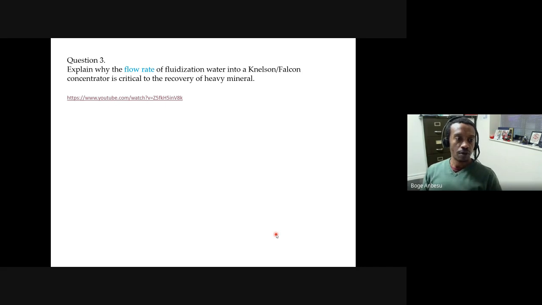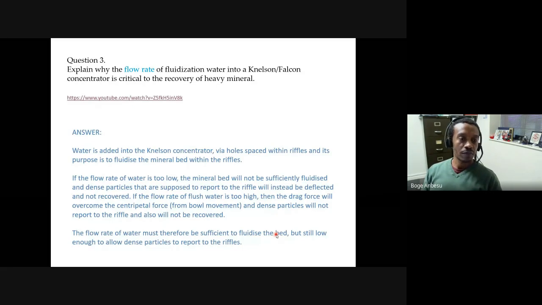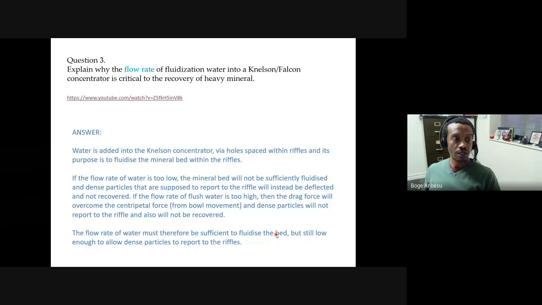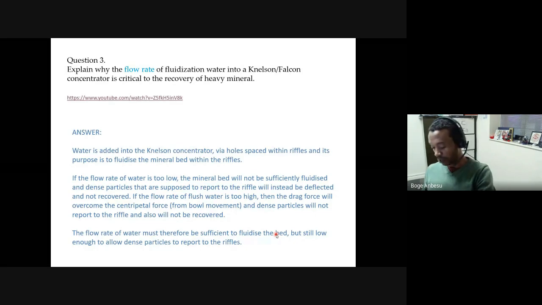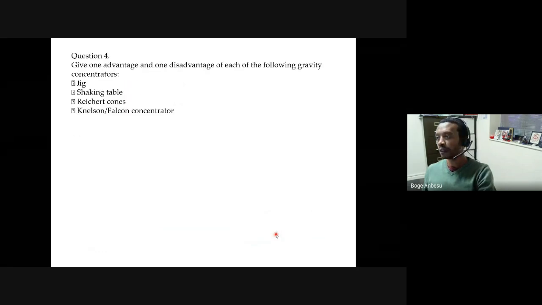If you apply only a small flow rate for the fluidized water, you are actually allowing more of the light particles in, and that prevents some of the heavies from coming and accumulating in the riffles. If your flow rate is very high, then you're trying to prevent the heavy ones from being deposited in the riffles. In both cases, you will end up losing the target or heavy particles from being collected in the riffles. So you can read about this one as well, not really complicated.